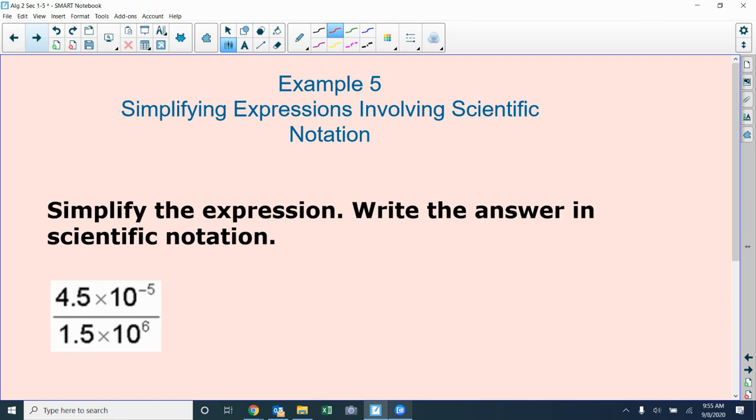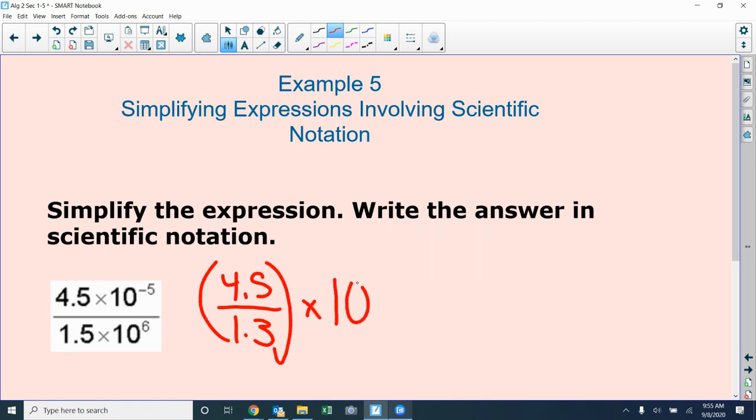So I can rewrite this as 4.5 divided by 1.5 times 10. Well, I have -5 there. If I bring this up, it's gonna become also -6, right? Exponent.